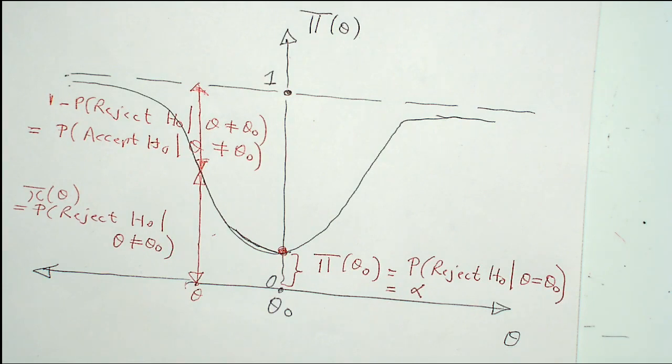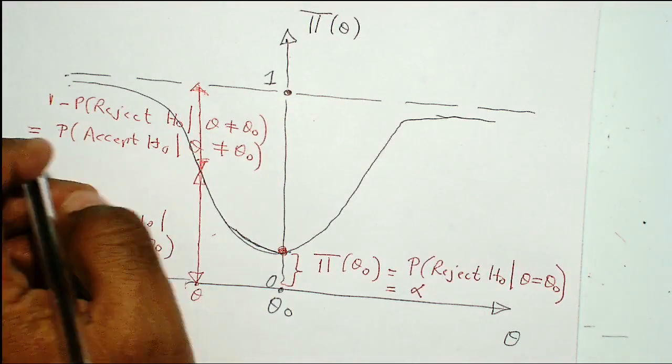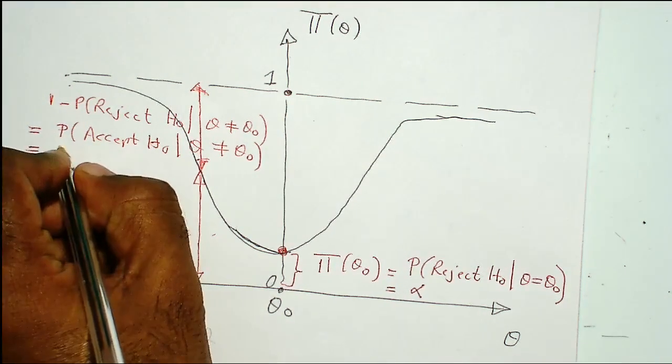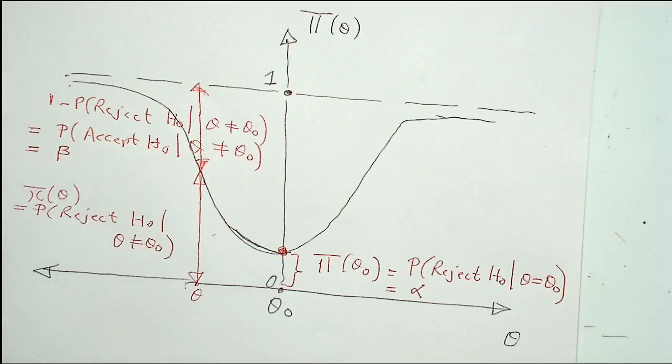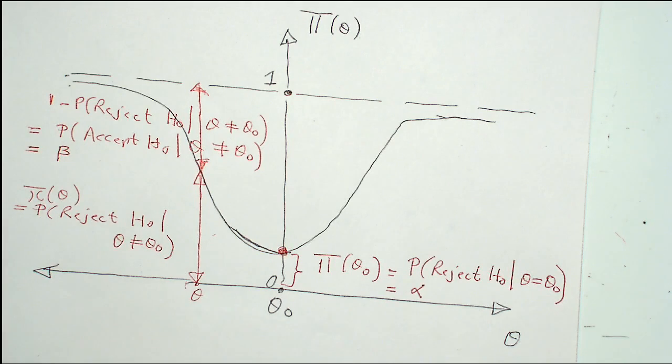So now, if you look at beta one more time, what you have here is precisely equal to beta. Remember, we defined beta as the probability of accepting H0 when H1 is true. And what you have here is precisely equal to beta, right?